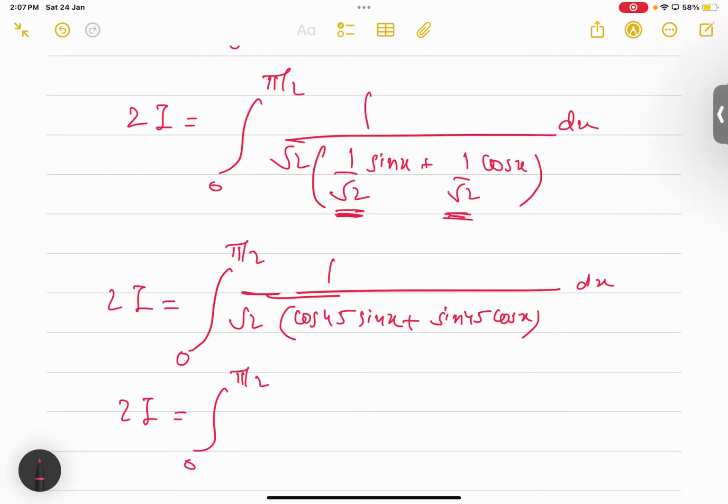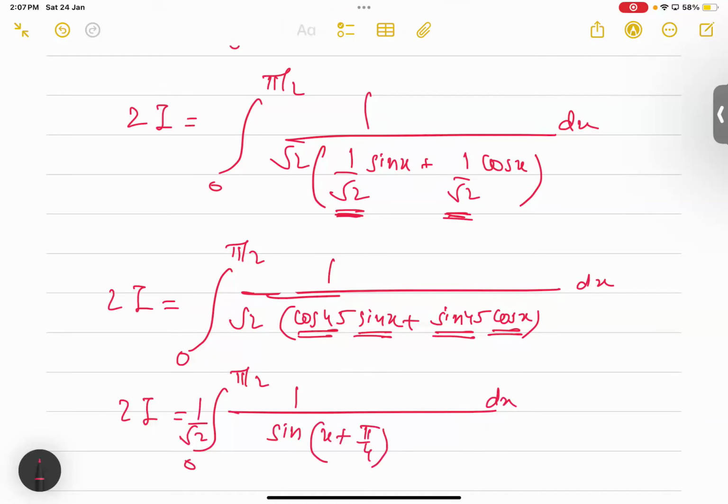Integral 0 to pi by 2, 1 upon root 2 outside. Sin a cos b plus cos a sin b is equal to sin a plus b. Compound angle formula.